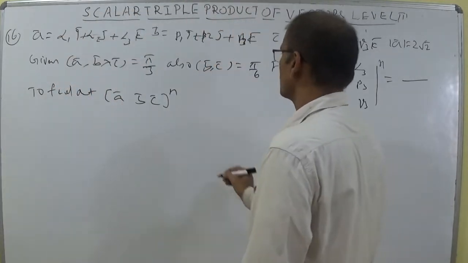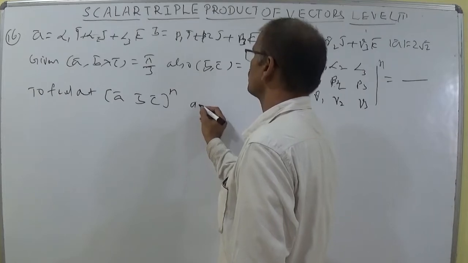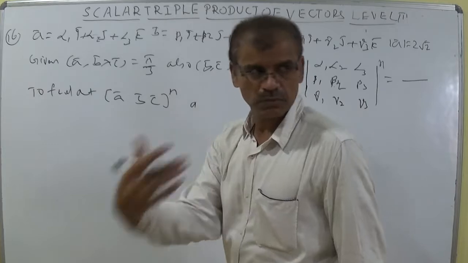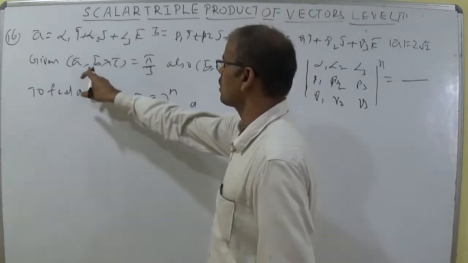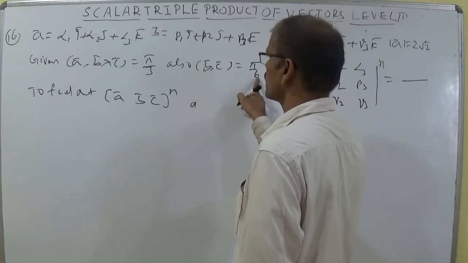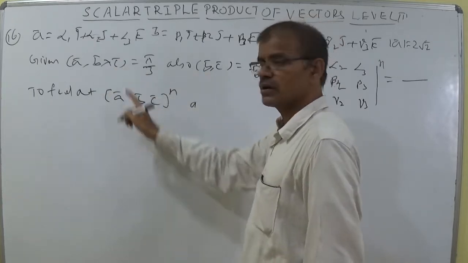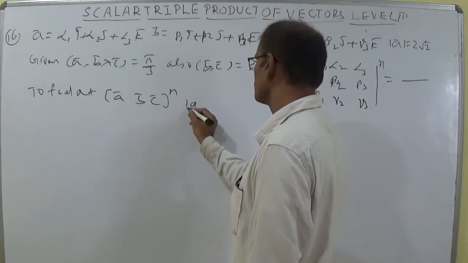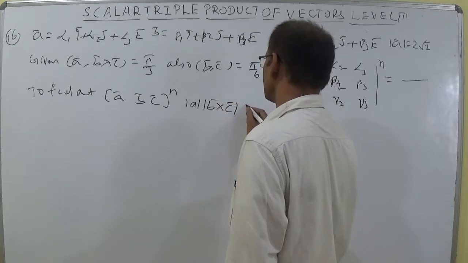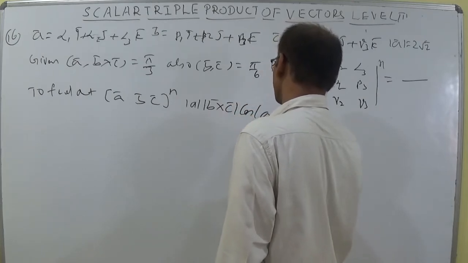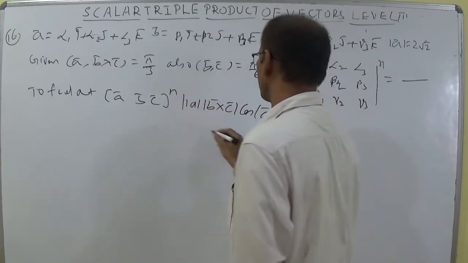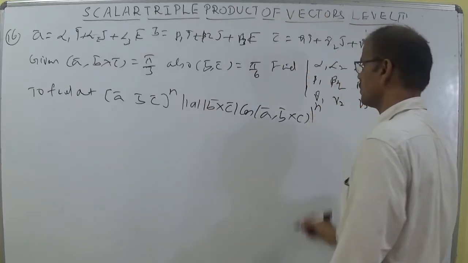So we can write the modulus, in whichever way the value is given, we should take the values A bar comma B cross C. Here the angle between B and C is given as pi by 6, and the angle between A bar and B cross C is given as pi by 3. Now using the dot product concept, you can write modulus of A into modulus of B cross C into cos of the angle between A bar and B cross C, total modulus, whole power n also.